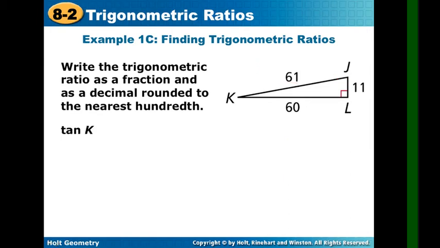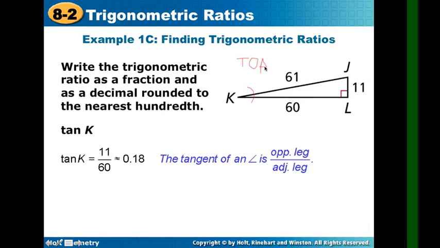Next is tangent K. So tangent K is TOA, right? TOA, opposite over adjacent, tama? That's opposite over adjacent.